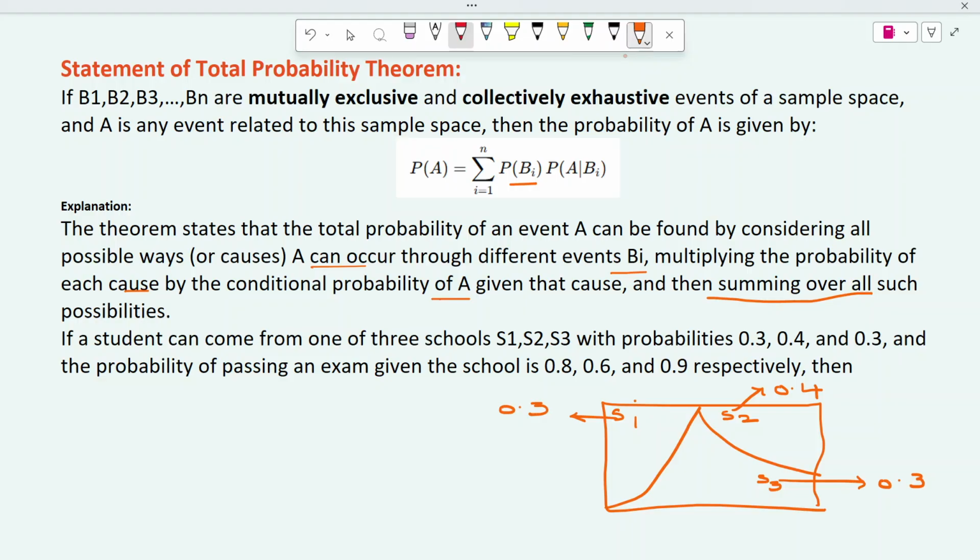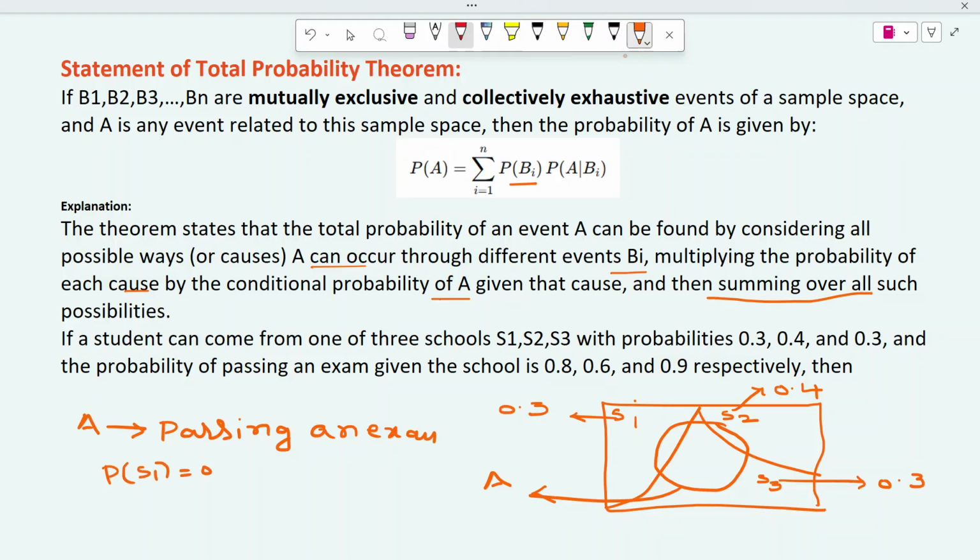Now we have to define an event A. So this is the event A: passing an exam.